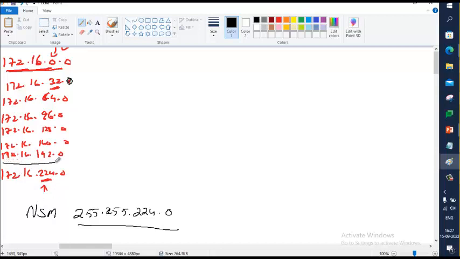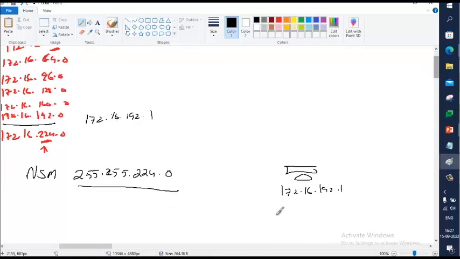in this subnet, the first IP will be 172.16.192.1. When I assign this IP address to a computer, 172.16.192.1, and if I don't mention the mask properly, then it is going to take the default.